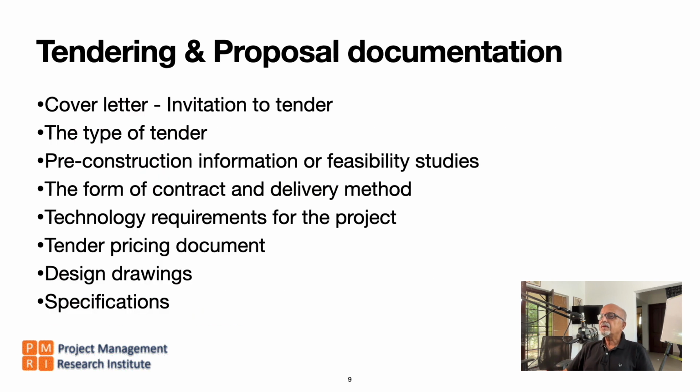A tendering and proposal documentation consists of a cover letter, an invitation to tender, the type of tender, pre-construction information for feasibility studies, the form of contract and delivery method, technology requirements for the project, tender pricing document, design drawings, and specifications.